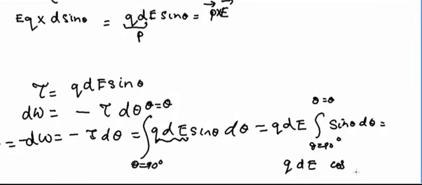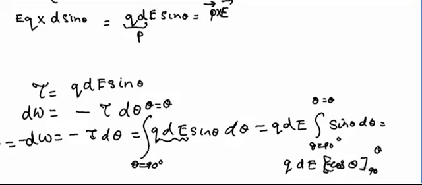If you go back to your basic trigonometric formulas, minus cos theta should be there, evaluated from 90 degrees to theta, and we know that cos of 90 is 0.